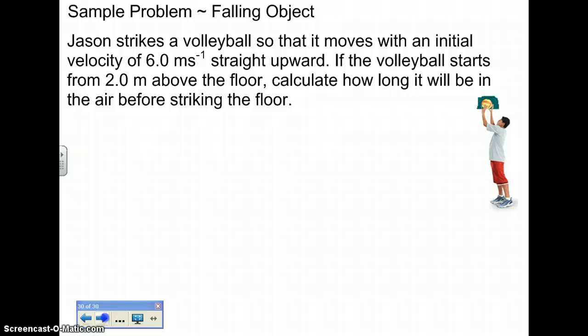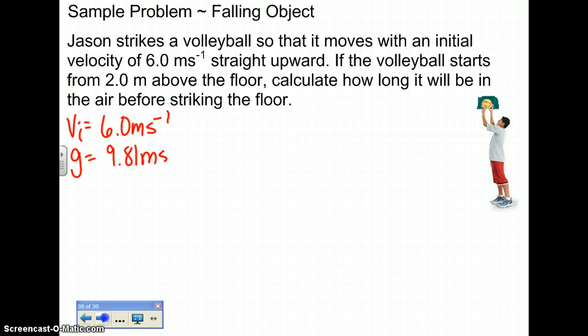Okay, so you have an initial velocity of 6.0 meters per second. You have your acceleration due to gravity of 9.81 meters per second squared, but how is it traveling? Down, so it's negative. And you have your delta y, not delta x, but delta y, of negative 2.0 meters.